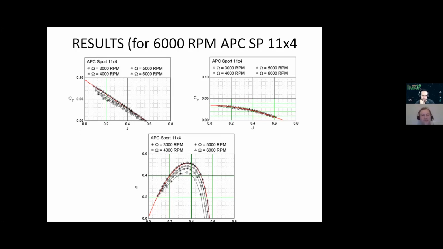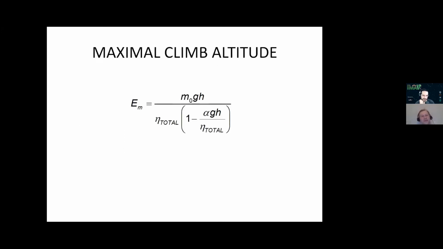calculations somewhere. Another interesting question that can be analyzed: what is the maximal climb altitude for the copter if we use this model more or less? If we imagine that we can put different amounts of accumulators, then by varying the accumulators we can vary the maximum altitude.